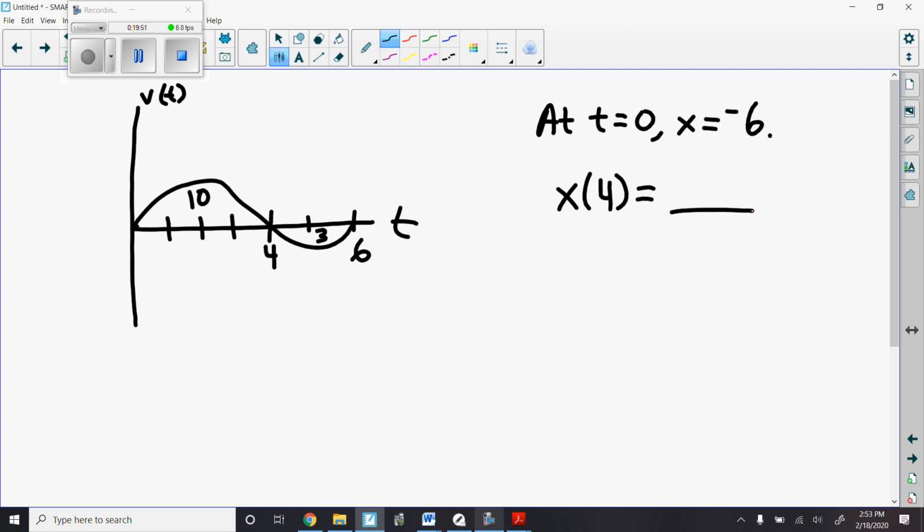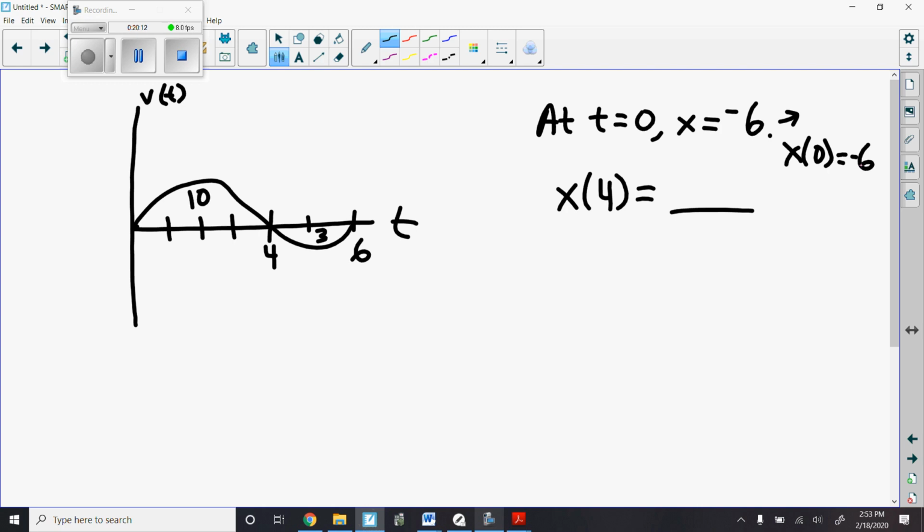So if I wanted to find my position, where am I located at time t equals 4, right? This is a displacement question. So I'm going to take my initial condition, right? Again, thinking about this as a point would say x of 0 equals -6.